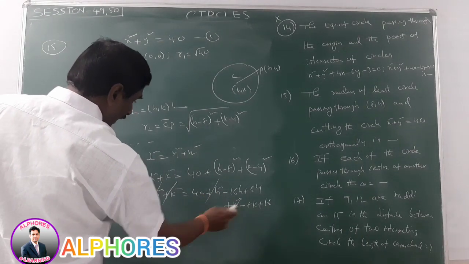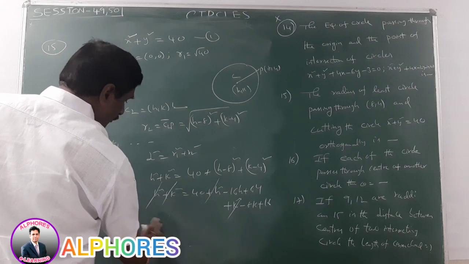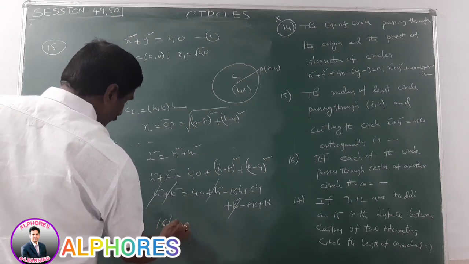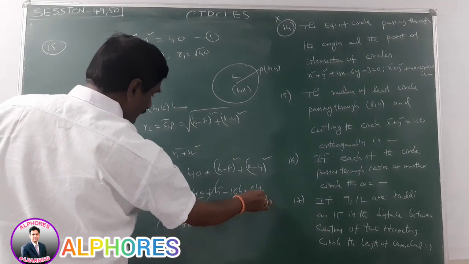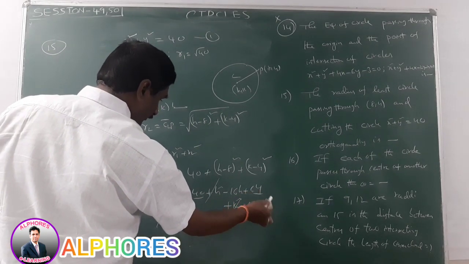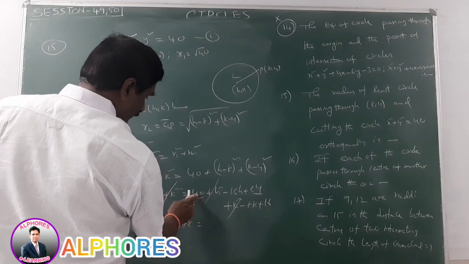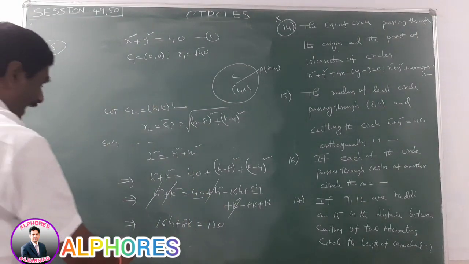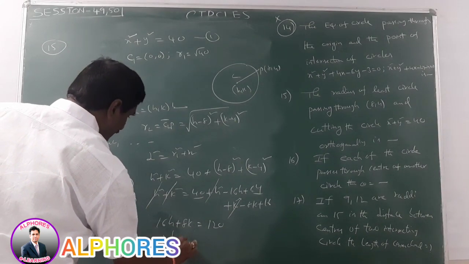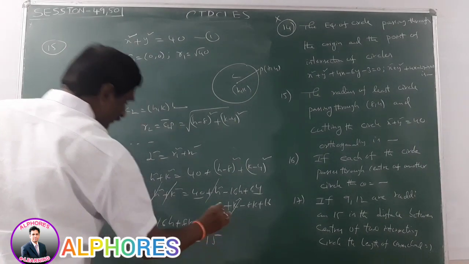Move these values to LHS: 16h plus 8k is equal to 40 plus 64 plus 16, which means 80. Okay, 80 plus 40 means 120. Dividing on both sides by 8, we get 2h plus k is equal to 15.